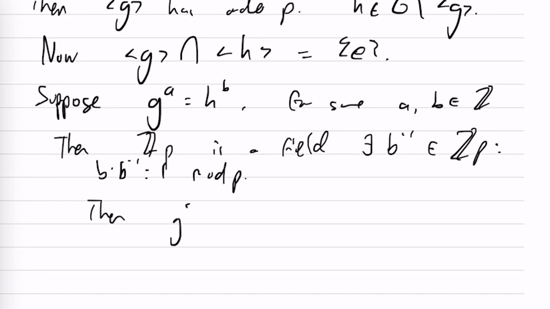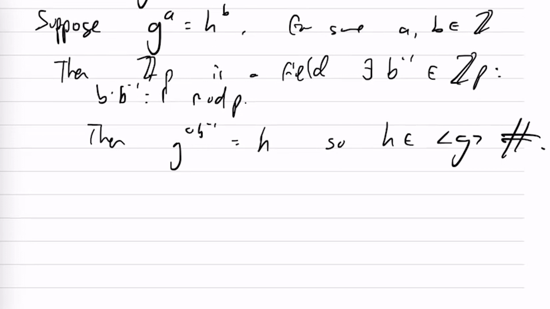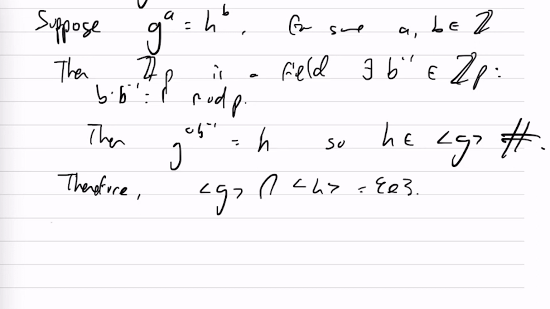Then g to the a b inverse equals h. So h is in the subgroup generated by g, but that's contradicting this. Therefore, these two subgroups have a trivial intersection.